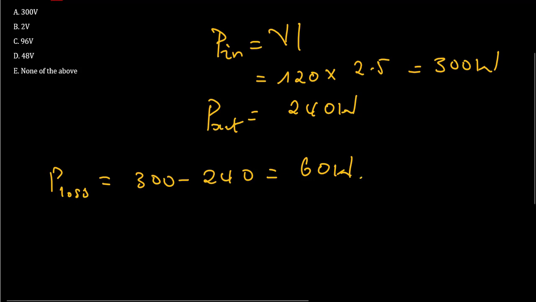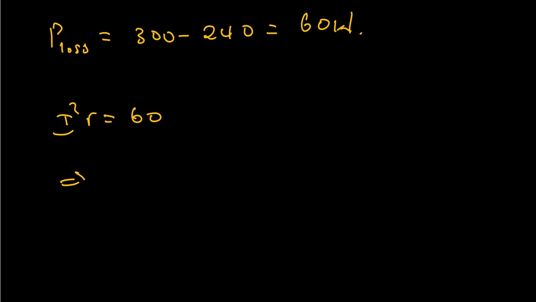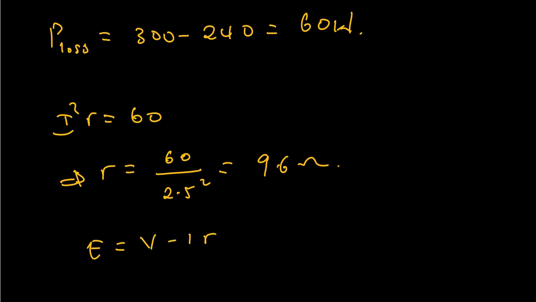And so with the P loss, we can get the resistance of the electric motor. P loss is given by I squared R, which is equal to 60. And so the resistance will simply be 60 divided by I squared, so that will be 2.5 all of that squared. So 60 divided by 2.5 squared gives 9.6 ohms. And so the EMF E will simply be V minus IR.